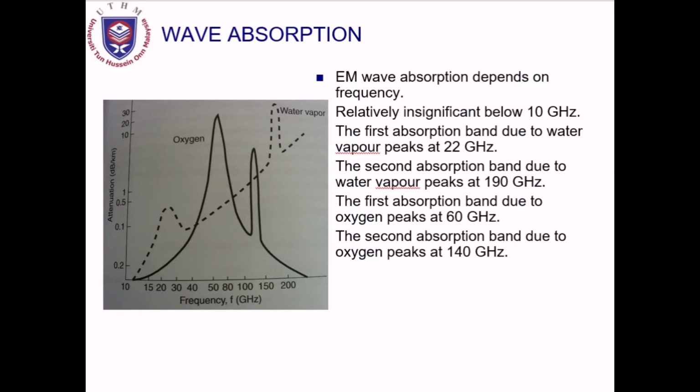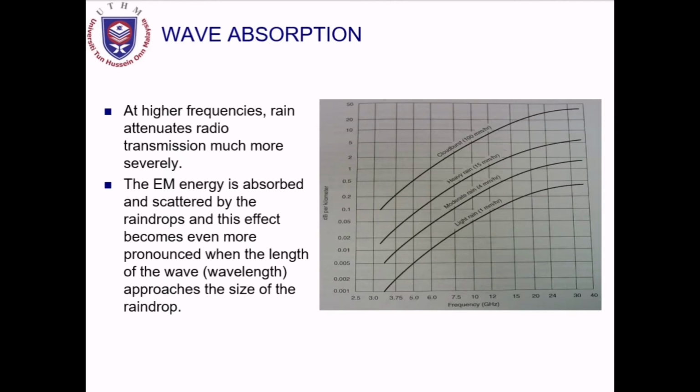Basically, water vapor causes significant attenuation of electromagnetic waves above 10 gigahertz. Below 10 gigahertz, the attenuation from material absorption is really low. Similar to rain, at high frequency, rain attenuation of radio transmission is much more severe.